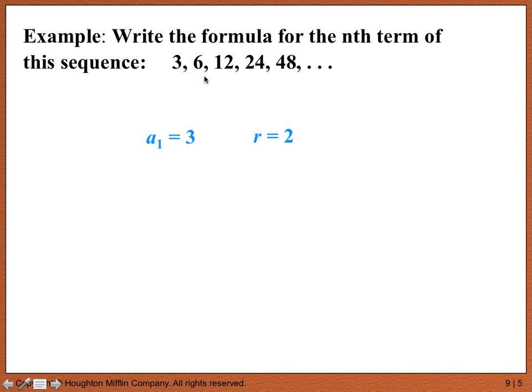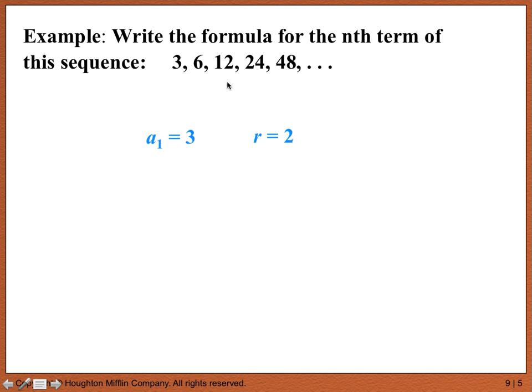All right, so it doesn't matter whatever you consider your first term or your 10th or your 20th, whatever you consider your starting point. Okay, the reason that it's relative and it's not absolutely important is because the common ratio is the same. And as long as you're consistent, you'll be fine. So if I consider this my first term, 3, well then 12 is my third term.